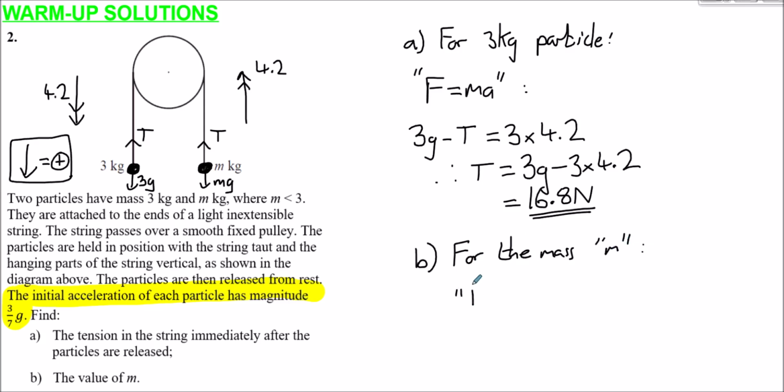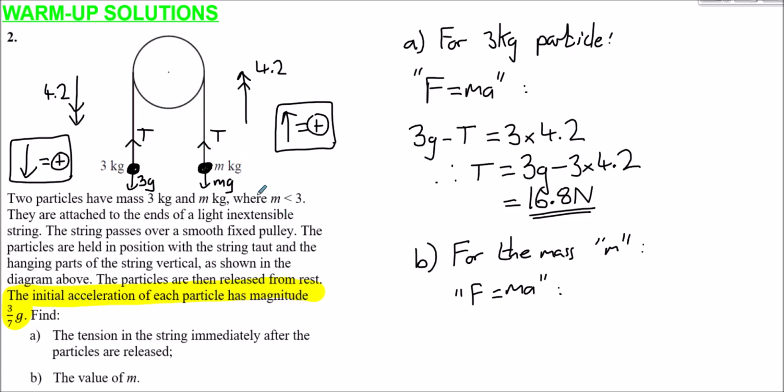again we can apply F equals ma. Because for this particle m, the acceleration is going up, we can take up to be positive on this side. We can change from one question to the other as long as we're consistent within each question, or question part. So for question part B, let's have up as being positive.